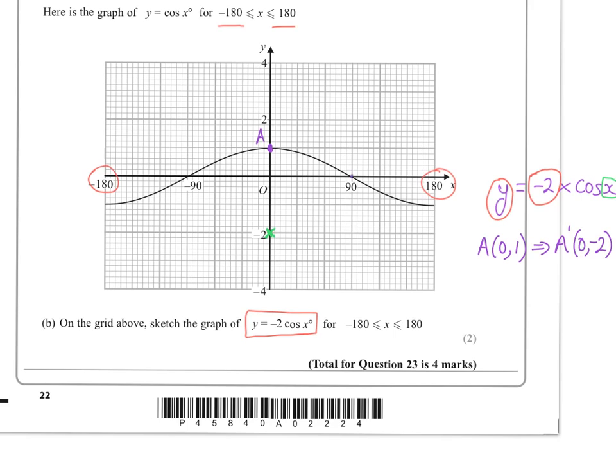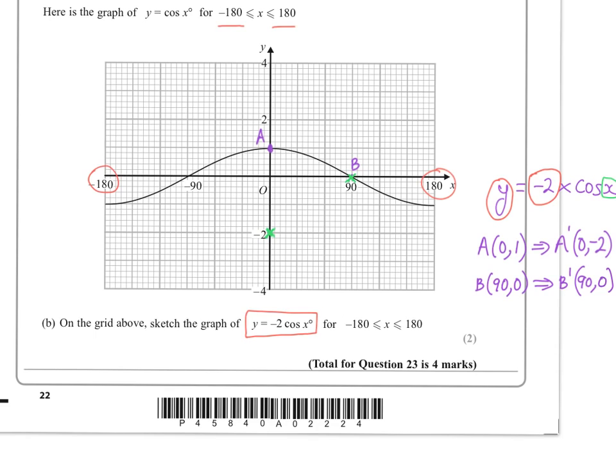Now let's try this one here, B, and that is 90 degrees along, 0 up, and that would become, well, the x part stays the same, and the y value gets multiplied by negative 2, but 0 times negative 2 is still 0, so don't be caught out by that. So (90, 0) goes to (90, 0), so that's really useful.